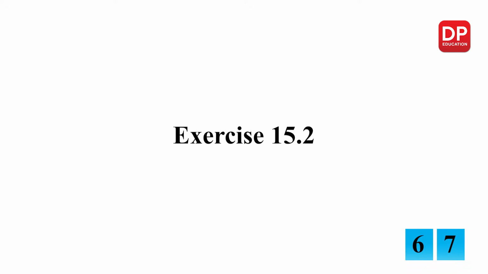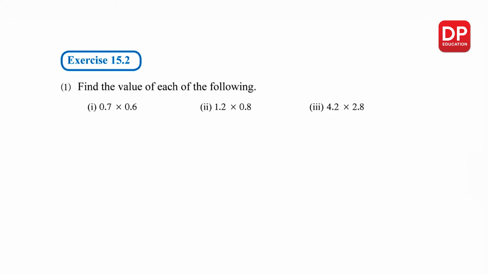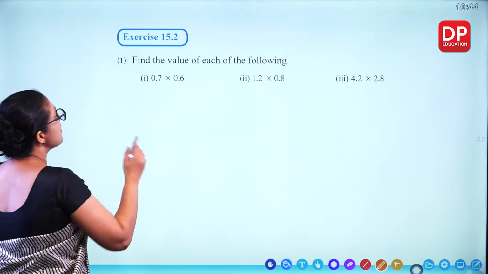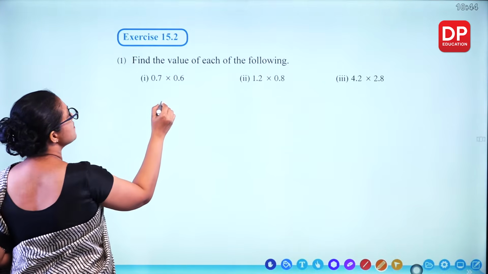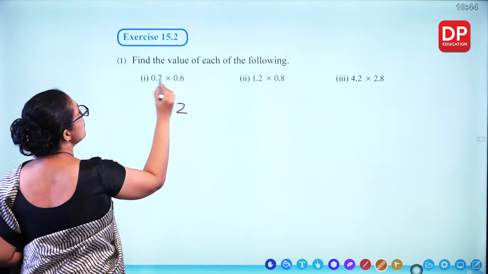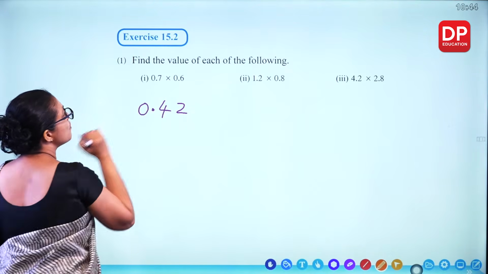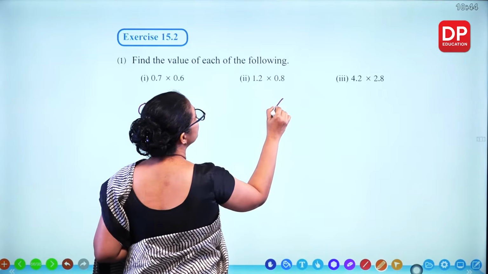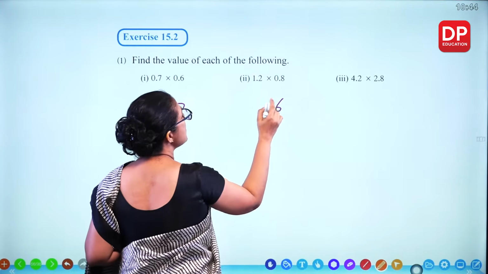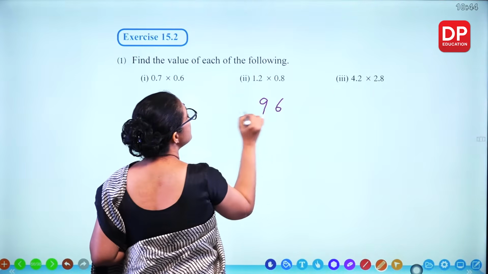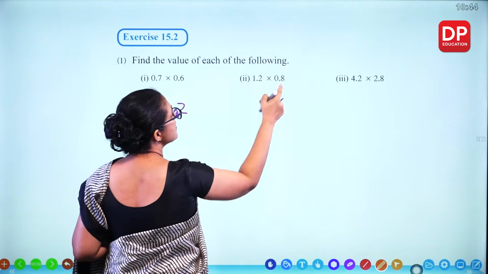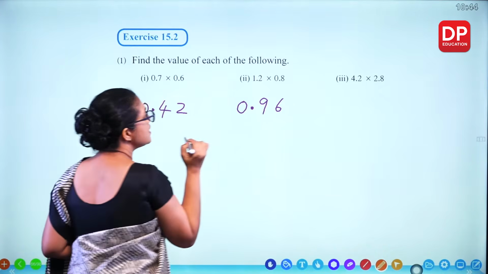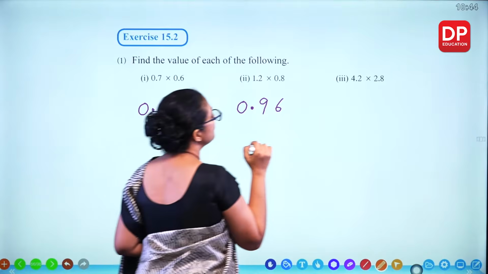Exercise 15.2. Find the value of each of the following. So just multiply without the decimal. 7 times 6, 42. 2 places you have to keep, so 0.42. 12 times 8, 8 times 2, 16, 1 remaining, so 96. Now 2 places you have to keep, 0.96.